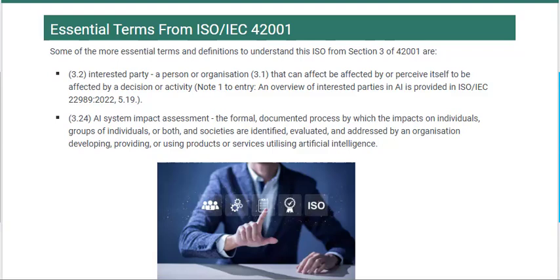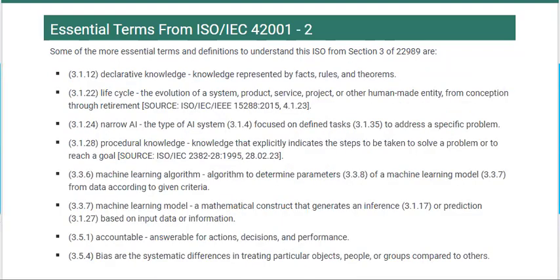Essential terms from ISO/IEC 42001, part 2. Some of the more essential terms and definitions to understand this ISO from Section 3 of 22989 are: 3.1.12, declarative knowledge, knowledge represented by facts, rules, and theorems. 3.1.22, life cycle, the evolution of a system, product, service, project, or other human-made entity, from conception through retirement.